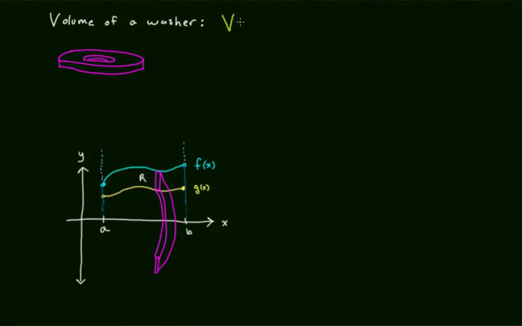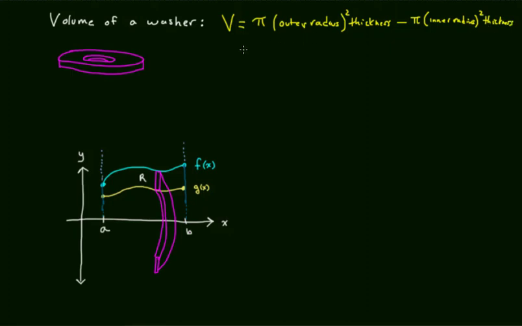So the volume then is basically we have a bigger disk and we're taking away a little disk. So the bigger disk has the volume of pi, and then the bigger radius, or we might say the outer radius, and we're squaring the outer radius, and then we have a thickness. That would be the bigger disk. And then what we're going to do is take away the smaller disk, which has the formula pi, and then some inner radius, and we're going to square that times its thickness.